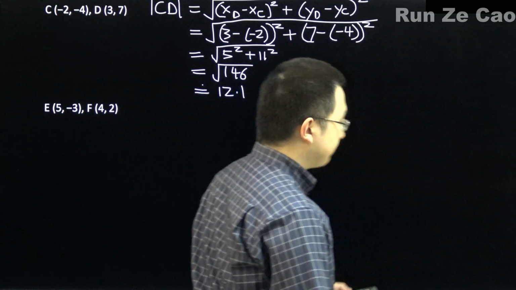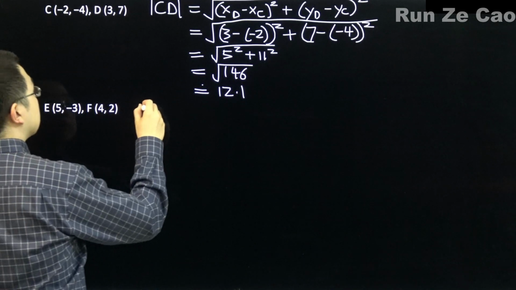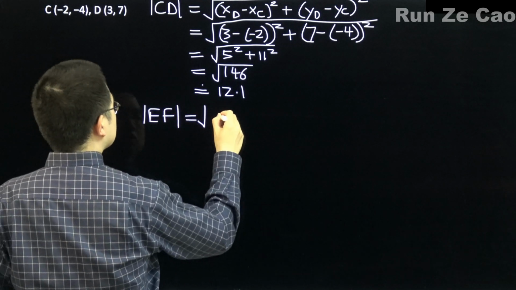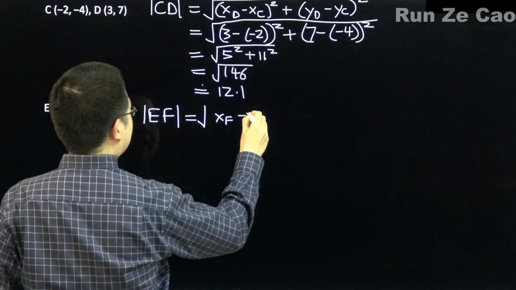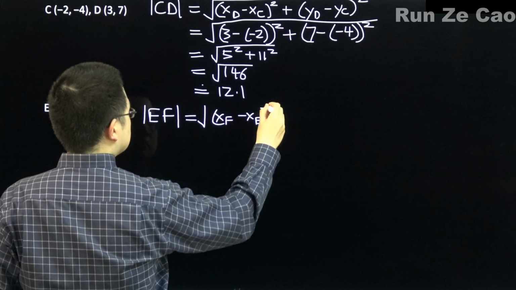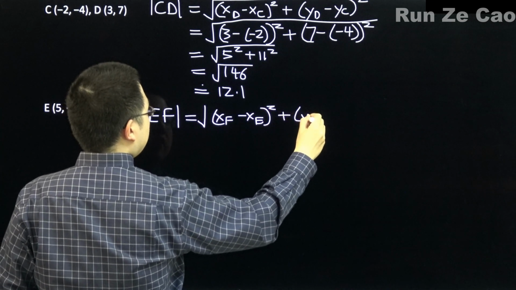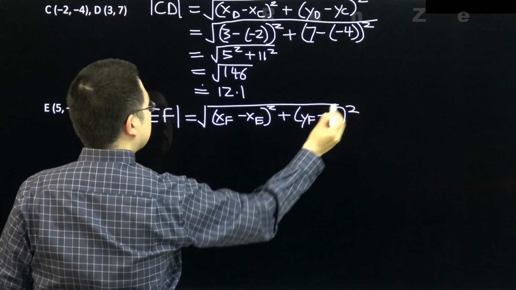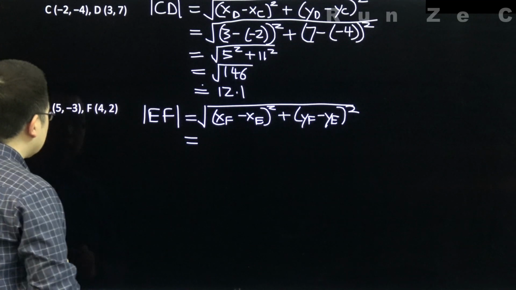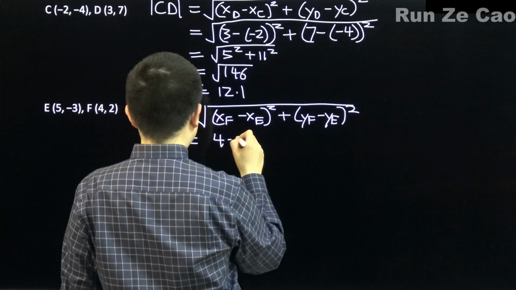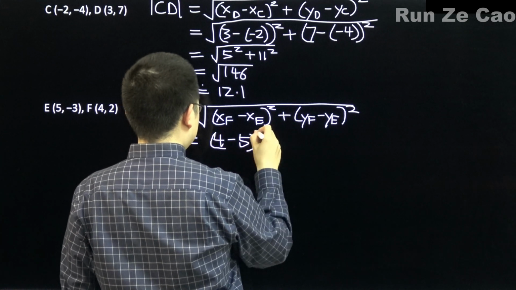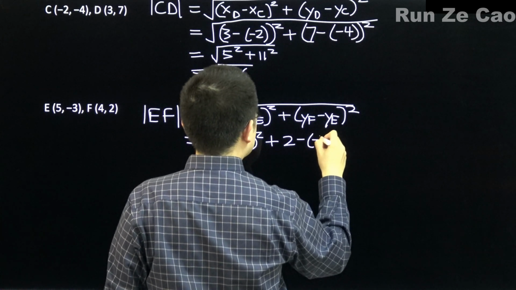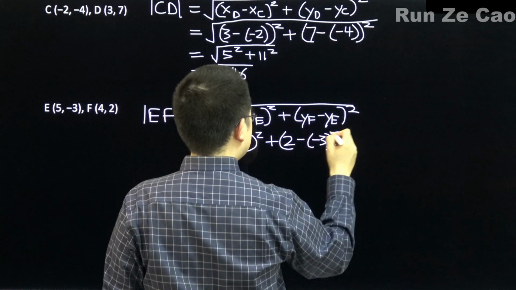For EF, once again, we go with that formula. So magnitude of EF is equal to root of (xf minus xe) squared plus (yf minus ye) squared, which is equal to xf is 4 minus xe is 5, squared, plus yf is 2 minus ye is negative 3, squared.